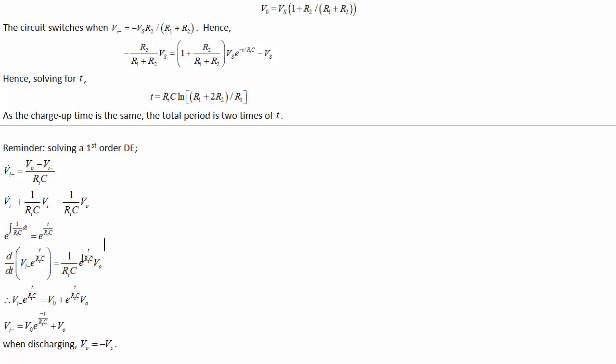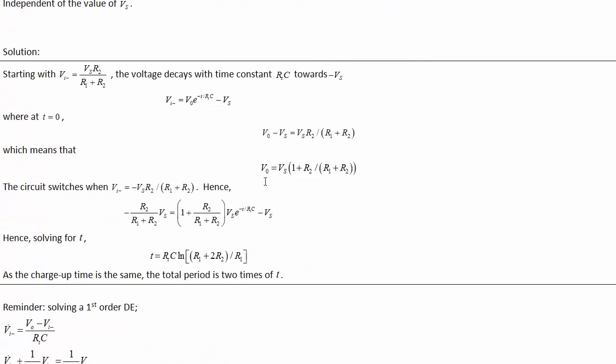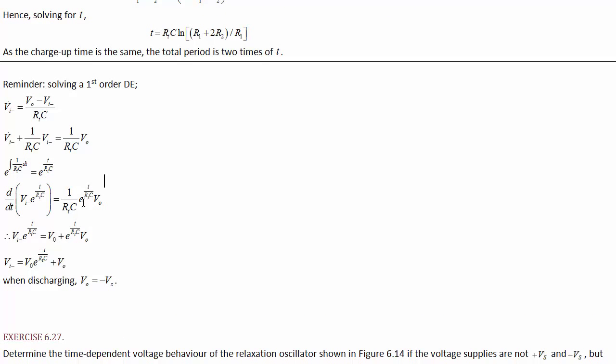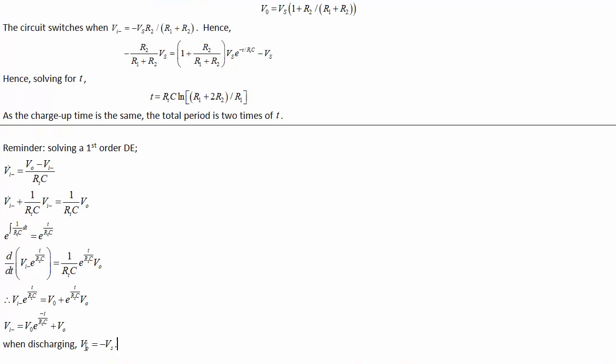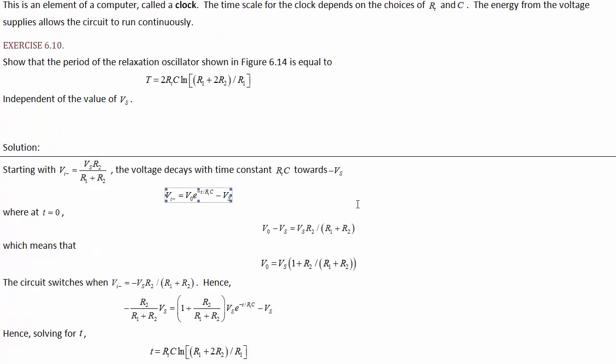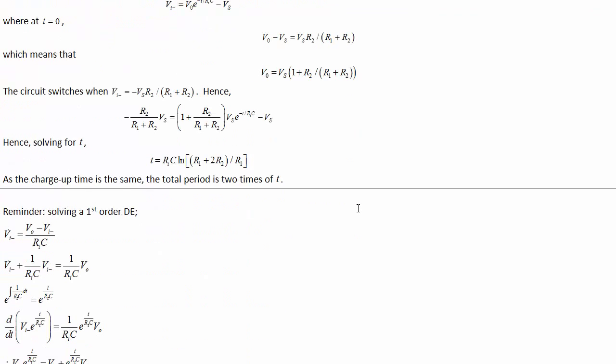On the right-hand side, the integral taking V out as a constant, which it is at any one point, we can just divide by 1 over RC, and that cancels out that coefficient in front that we had. Now solve for Vi minus by dividing both sides by e to the t over RC, the integrating factor, and we're left with the constant V0 times e to the negative t over RC plus V out. So when it's discharging, V out is negative Vs, and voila, we're at this equation that we started with here.